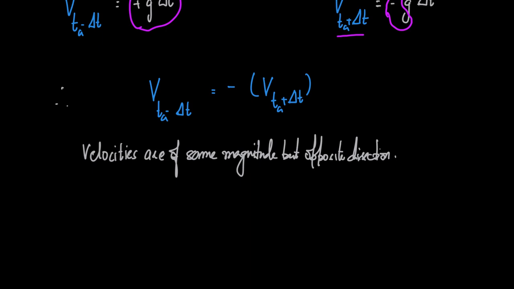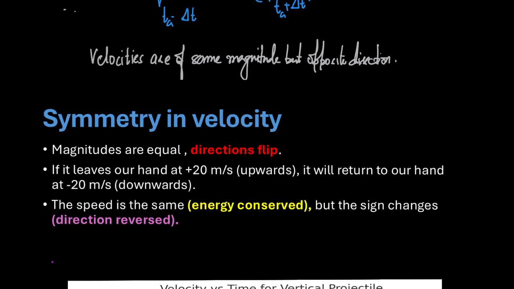Let us also look at the graph here. Symmetry in velocity means magnitudes are equal at corresponding times, but the directions flip.